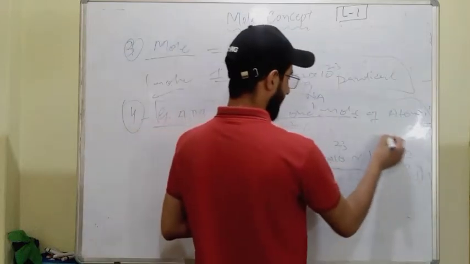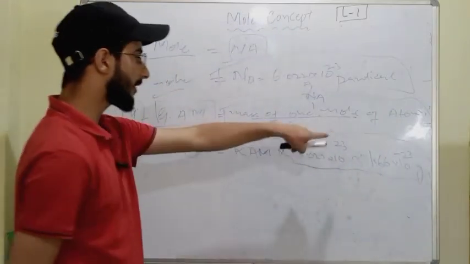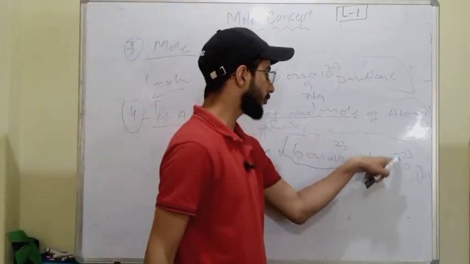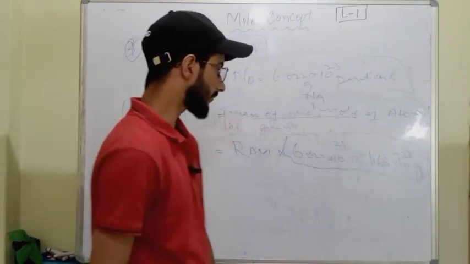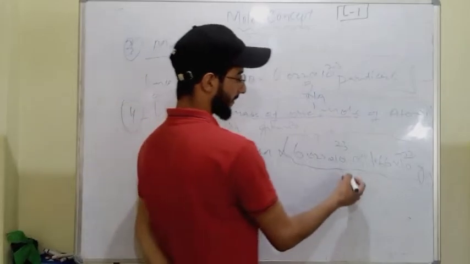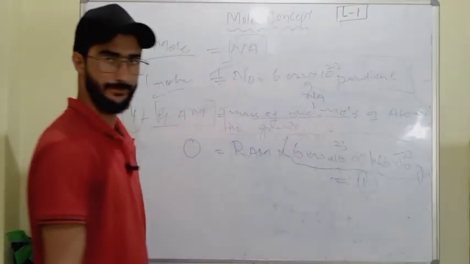Here comes some magic. When we multiply 6.022 into 10 raised to the power 23 by 1.66 into 10 raised to the power minus 23, it is approximately equal to 1.